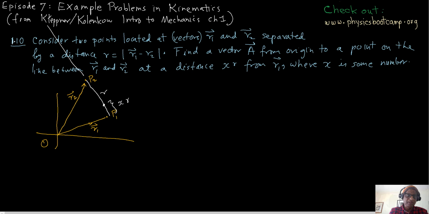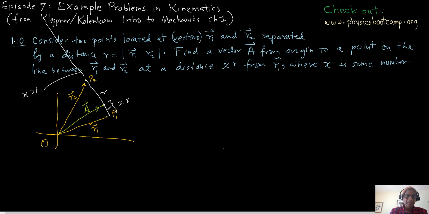It can be along that line. If x is greater than 1, it will be beyond P2, and it will be between P1 and P2 if x is between 0 and 1. For the sake of drawing, I'm going to draw it like that. The vector A that we want is this vector.